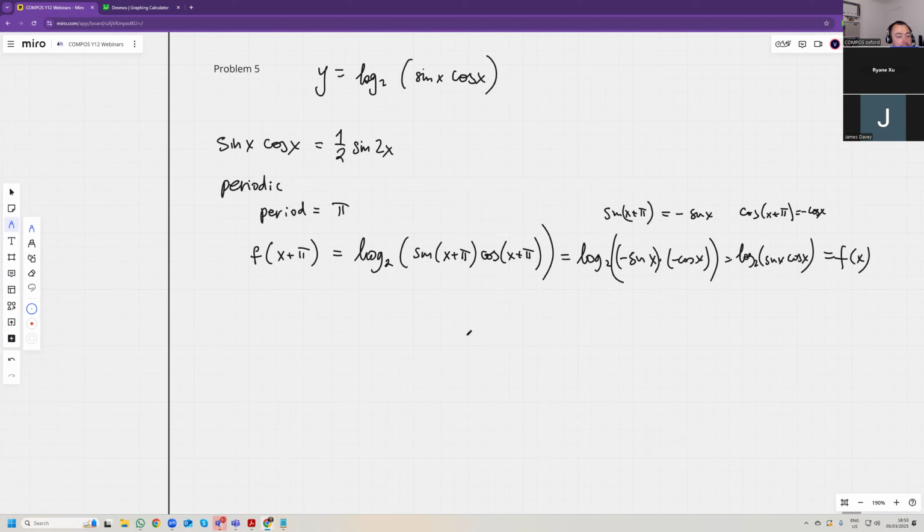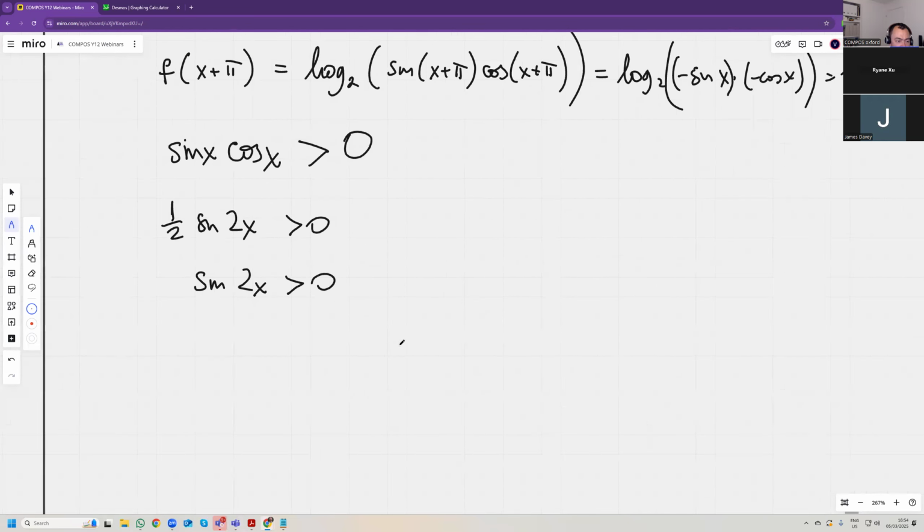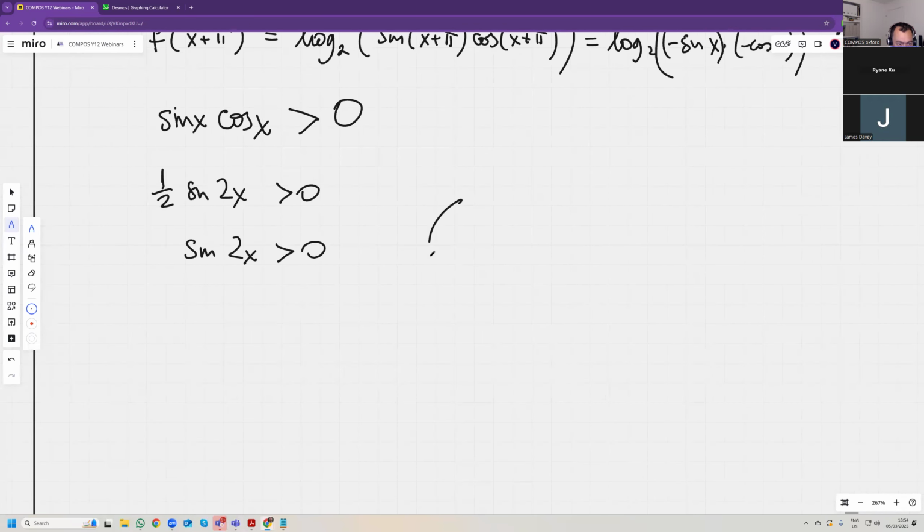Now, the logarithm only exists when the argument is positive. So sine x cos x must be positive, because you can't take a log of a negative number. Interesting. So we can say 1/2 sine 2x is positive. In other words, sine 2x must be positive. So where is sine positive?